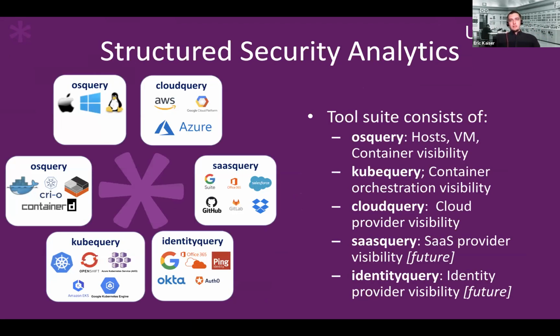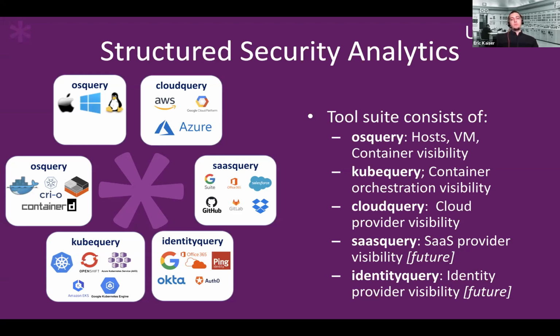So we're here today to talk about structured security analytics. This is a tool suite consisting of a few different pieces. We took the foundation of Osquery for hosts and virtual machine and container visibility and extended that with KubeQuery for container orchestration visibility into Kubernetes, and cloudquery, which is the focus of this talk, for cloud provider visibility: AWS, GCP, and Azure.